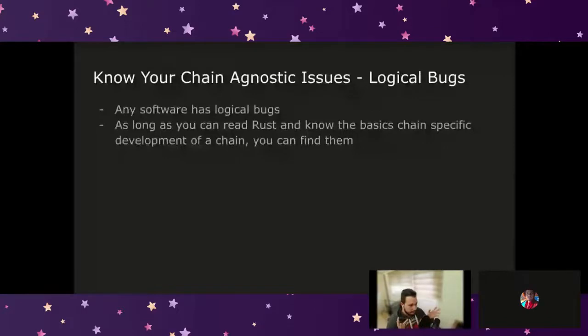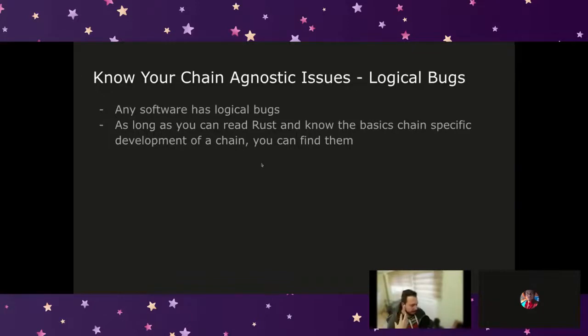And as long as you can read Rust, you can find chain specific logical bugs. As long as you understand the application, logical bugs are gonna pop out. It's easy to find logical bugs as long as you understand the application, obviously.